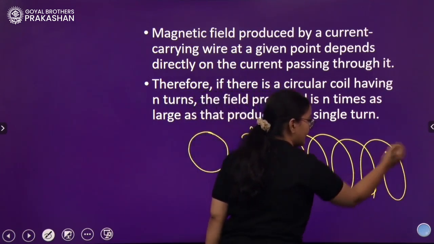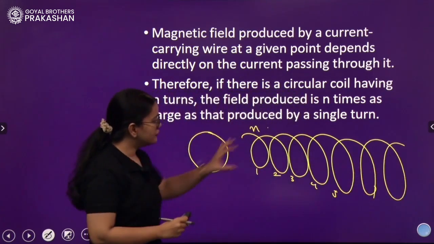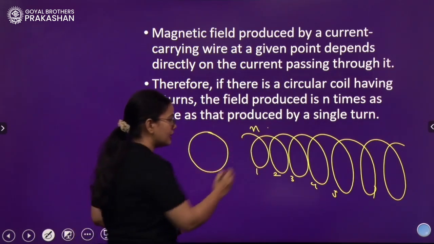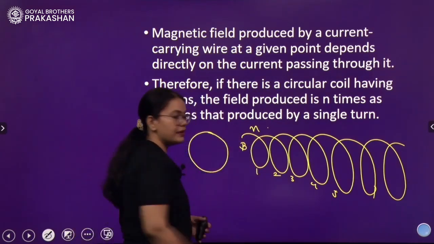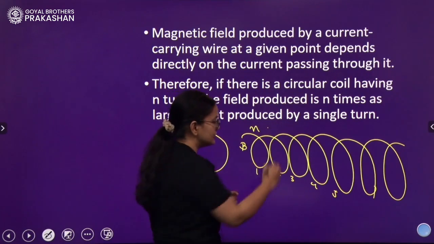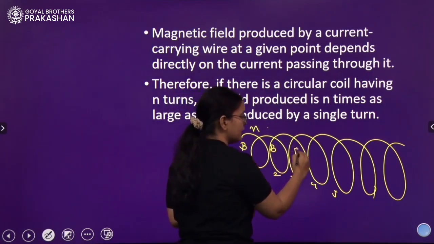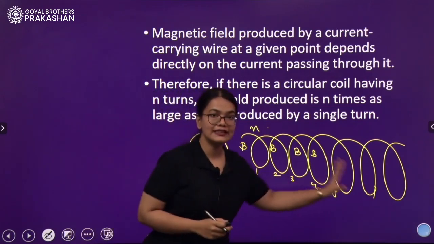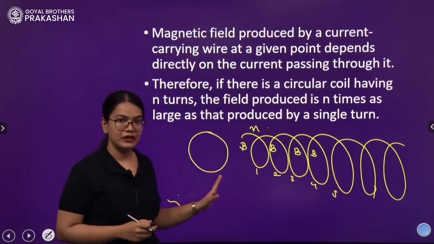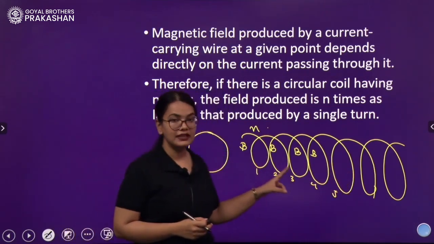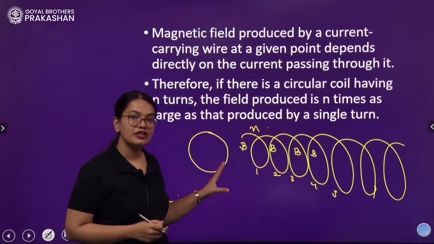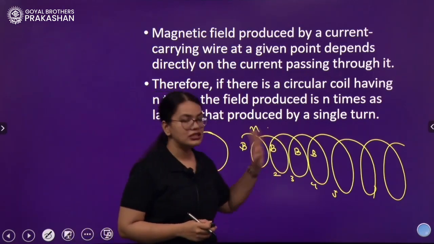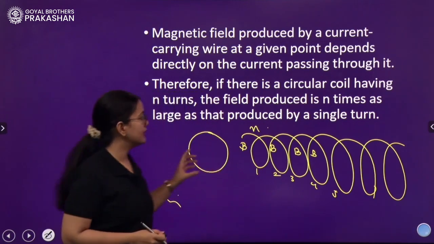Because of one turn, my magnetic field was B. Due to the second turn, it would be B, B, B. And the direction of the field due to each turn will be the same, so they will add up, right?